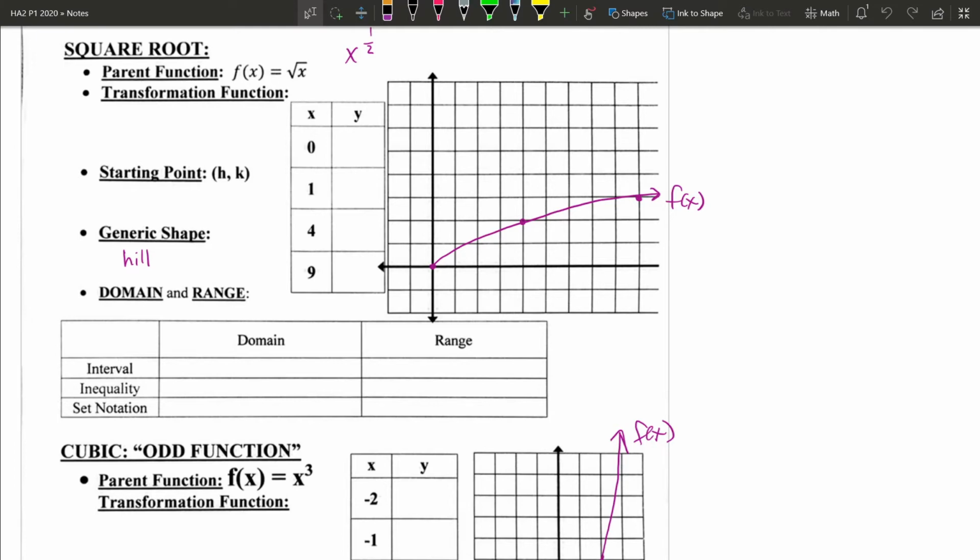To transform one of these guys, it's f of x equals, you guessed it, a times the square root of x minus h. This square root covers all of it, like parentheses, and then plus k. If I wanted to do it with a rational exponent, that would be a times the quantity x minus h to the 1/2 power plus k. That's acceptable if you're into that kind of thing. I'm not saying you have to. I just want to give you options.